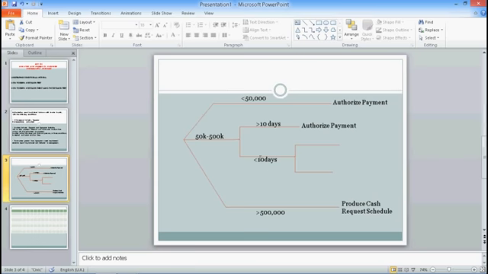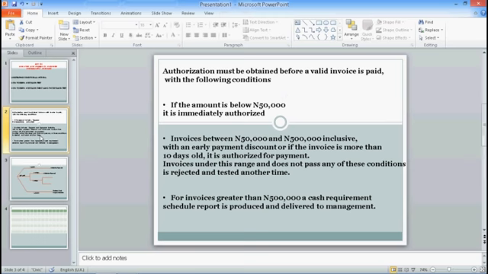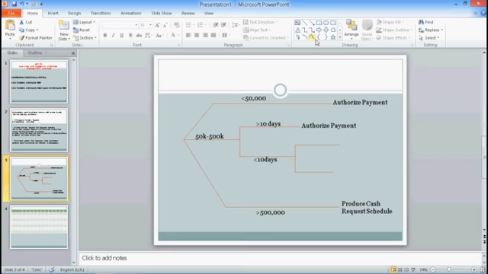Now, it is less than 10 days, yes. Now, does not have an early payment discount. That is why we are dividing this into two again. Does not have an early payment discount is what is rejected and tested another time. So under this range, no early payment discount.